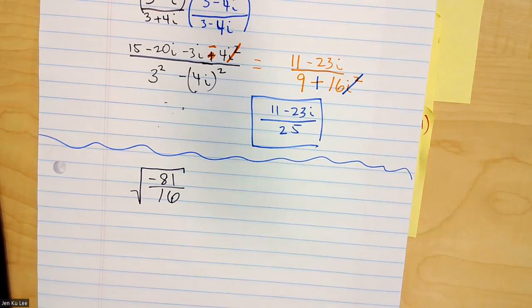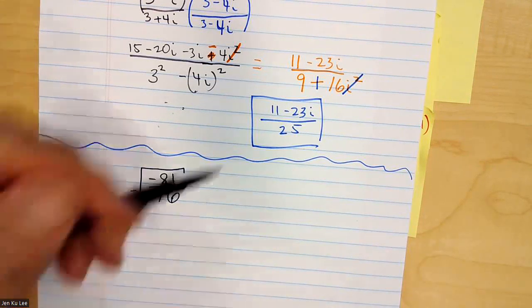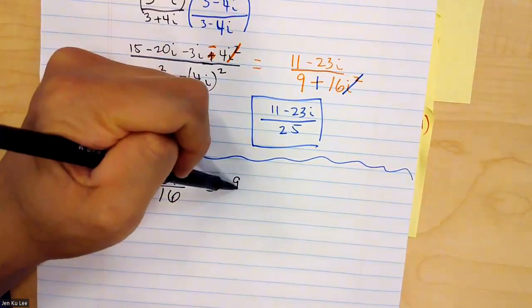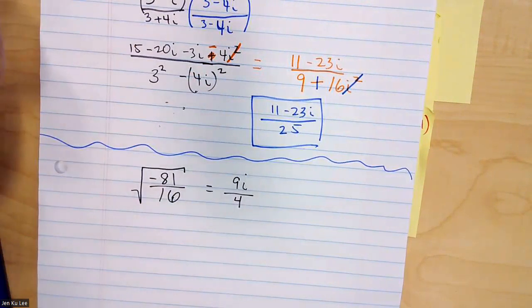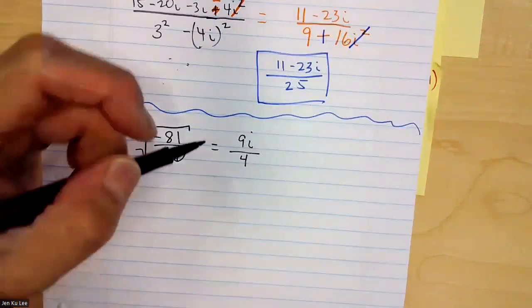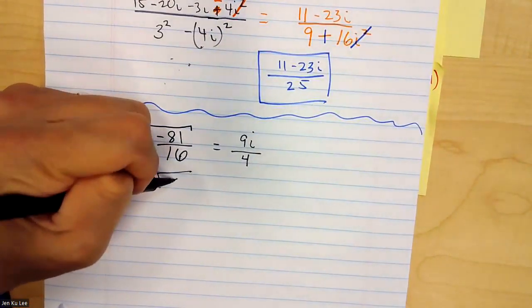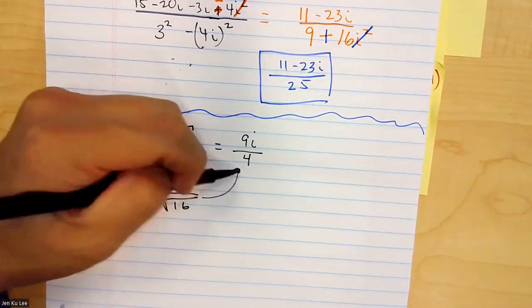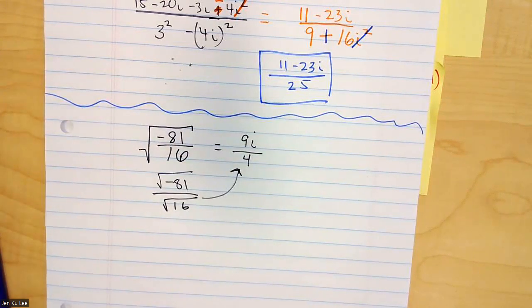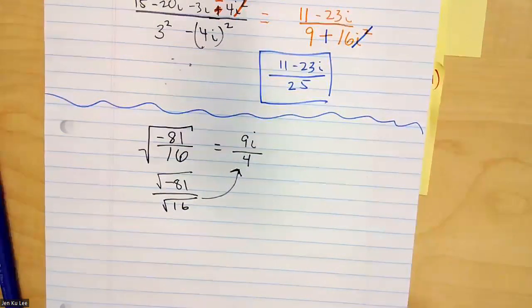Yeah. Square root of negative 81 is 9i over square root of 16 is 4. So you can think about it as the square root of negative 81 over the square root of 16, and that becomes like that. Okay? Cool?